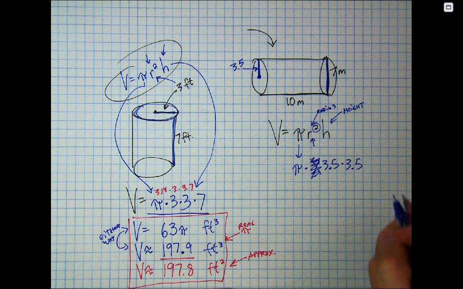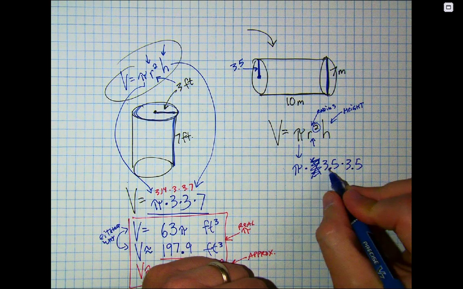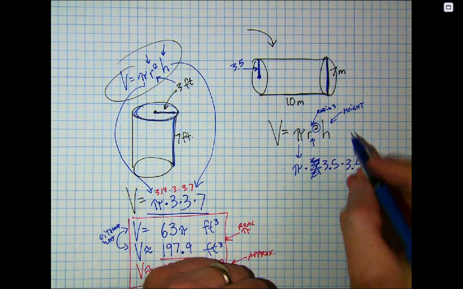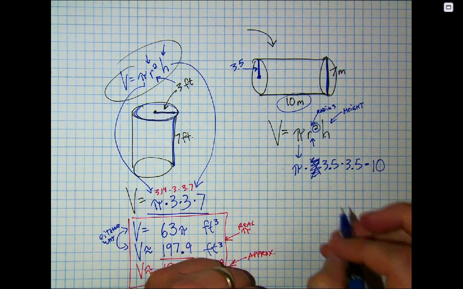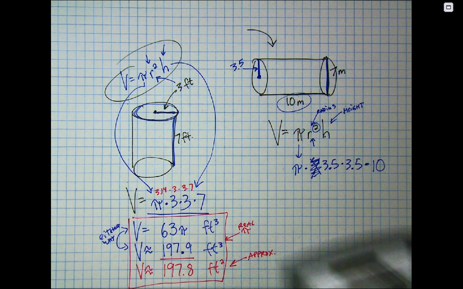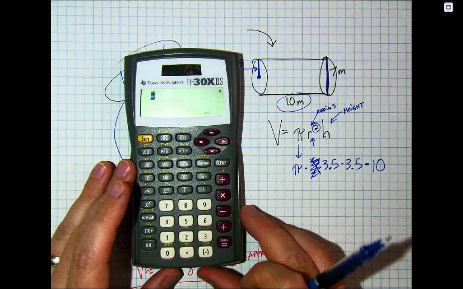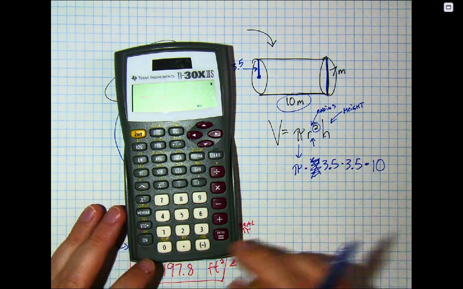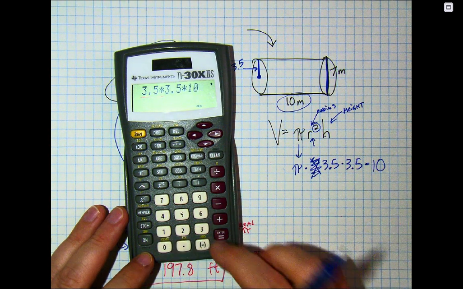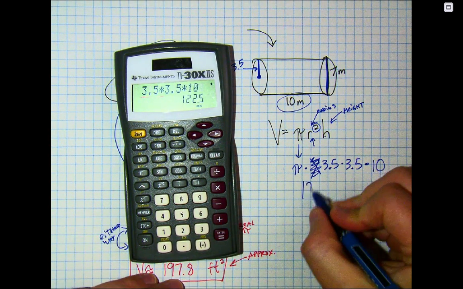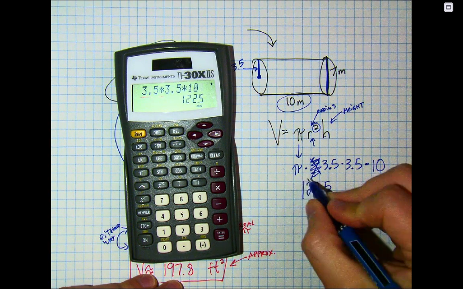So we're going to do pi times radius squared times height. What was the height? The height was 10. And now I'm going to let my calculator help me out here. And so I'm going to do 3.5 times 3.5 times 10, which is 122.5 times pi.